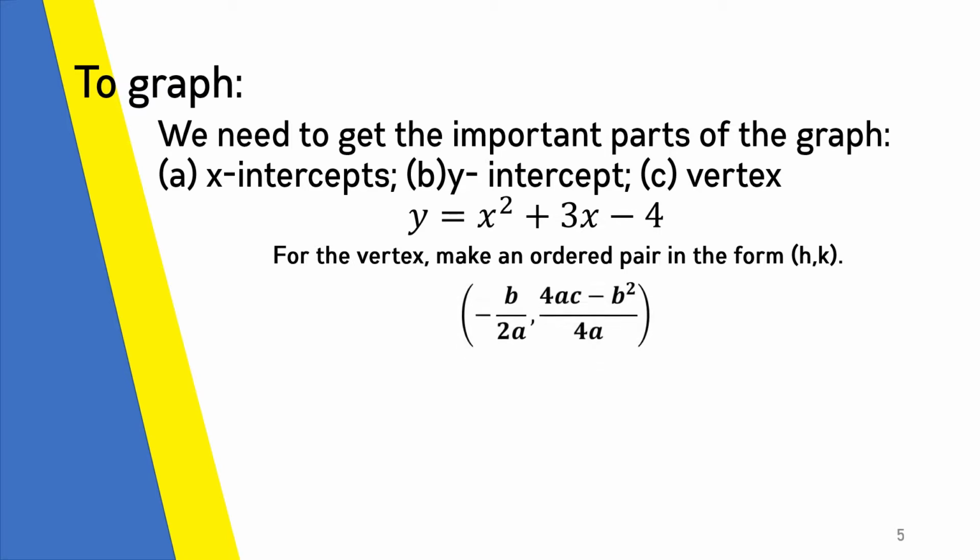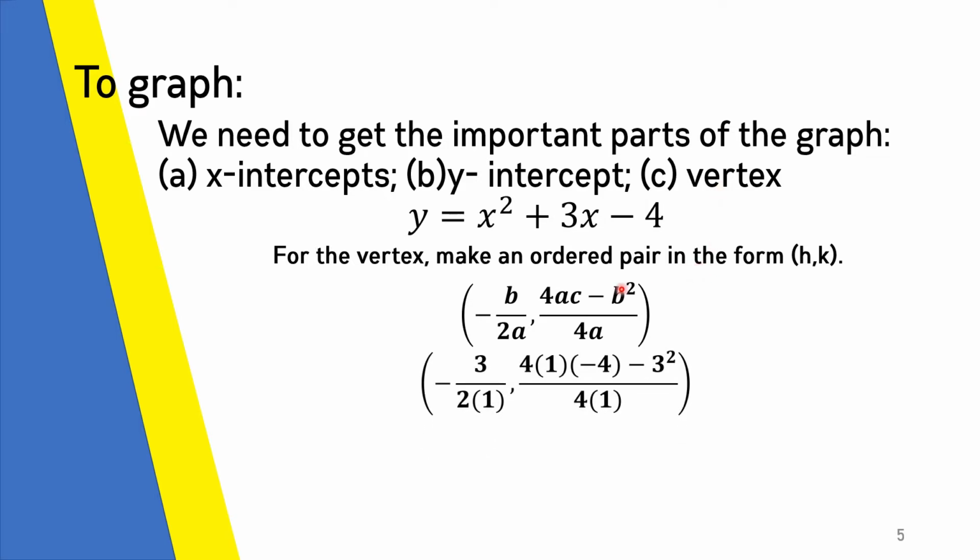That will be negative b over 2a for h, and that will be 4ac minus b squared all over 4a for k. So we are about to substitute the values of a, b, and c to fulfill the ordered pair. In this case, we have here the value of a is 1, b is positive 3, and c is negative 4. Let's substitute that.